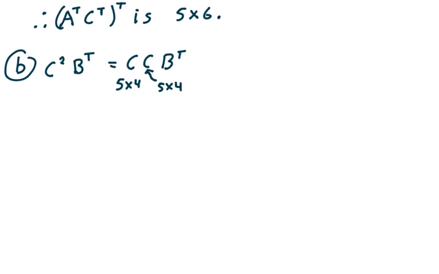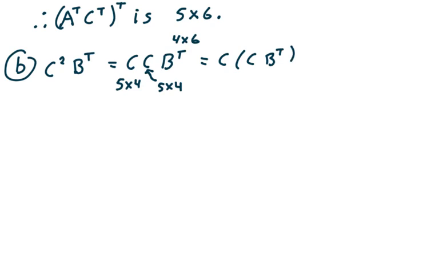And then B transpose is 4x6. So we already have a problem. Remember, C is not a square matrix. Because even if you write this as C times CB transpose.